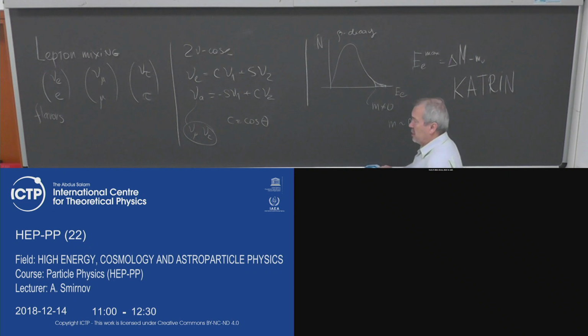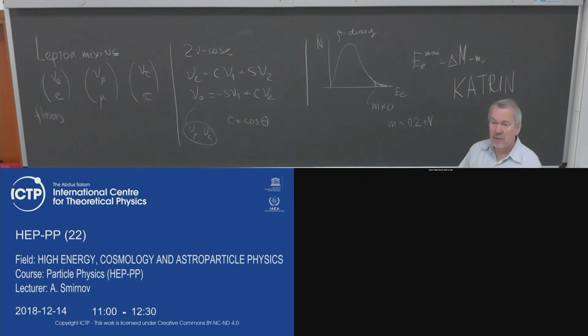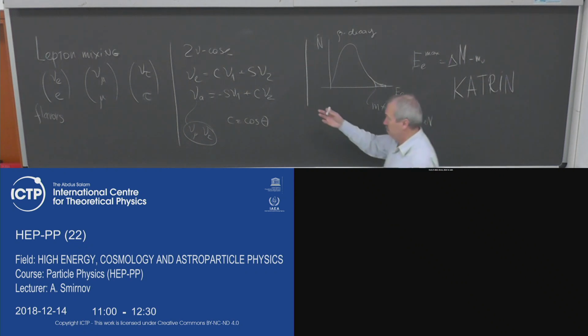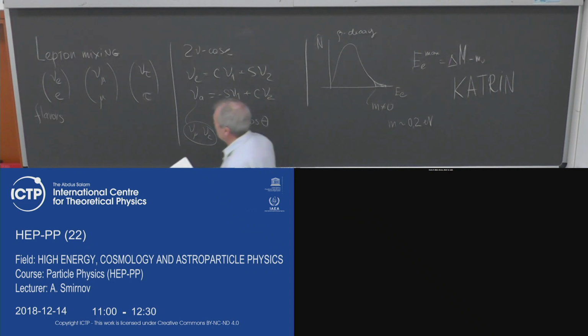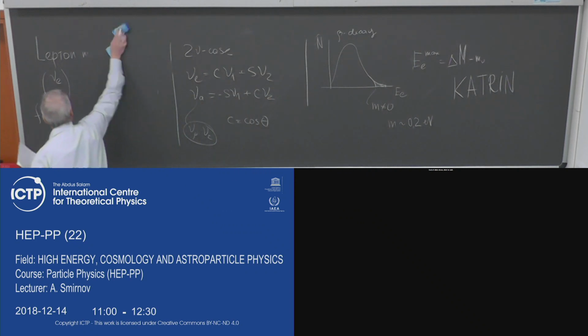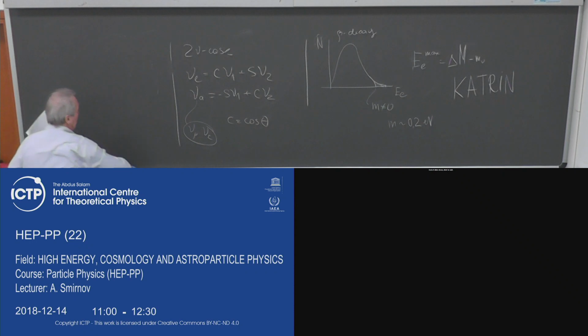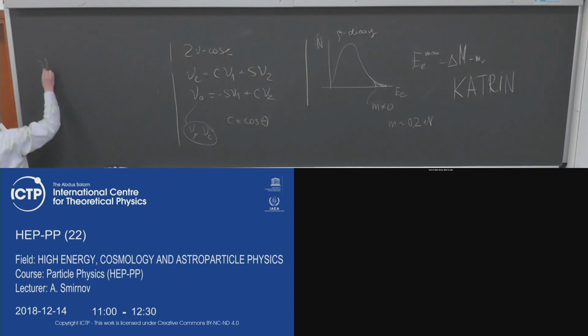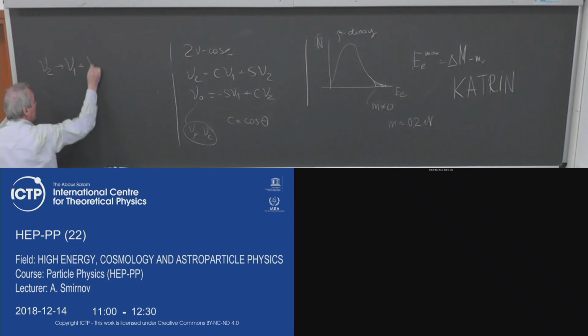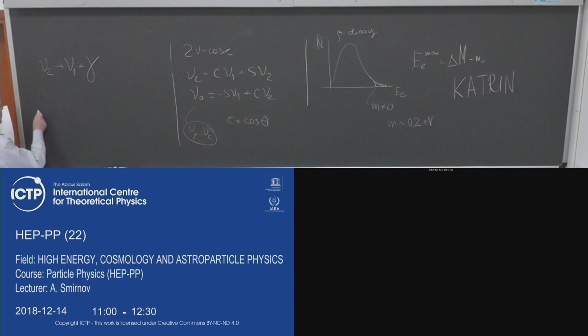Another consequence of mixing is decay. Neutrinos will decay if they have masses, and so heavier neutrinos can decay into lighter neutrinos. Like in our example, ν2 can decay into ν1 plus gamma. Let me write the diagram for this.